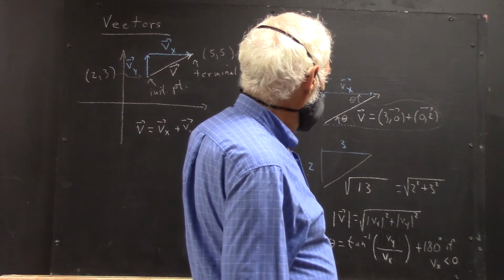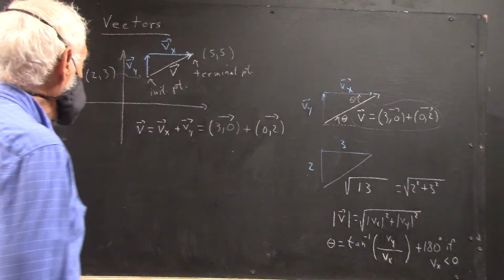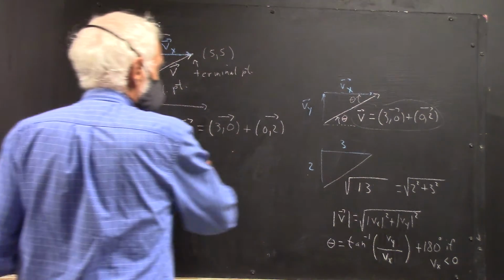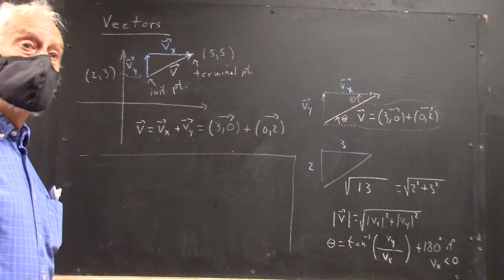Calculate the arctangent of 2/3. Okay? Okay, so sorry for that little bit of confusion, but there is the definition of a vector in 2 dimensions.